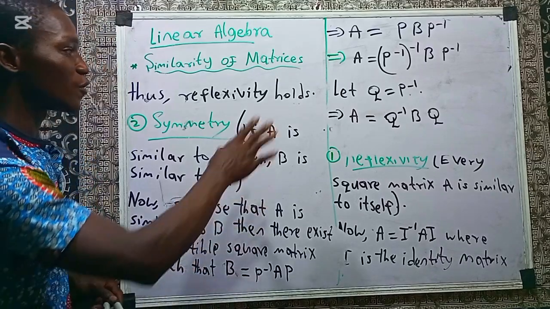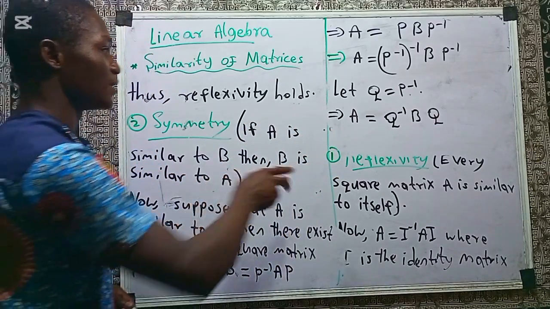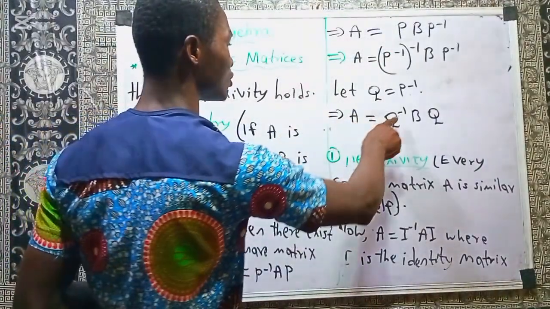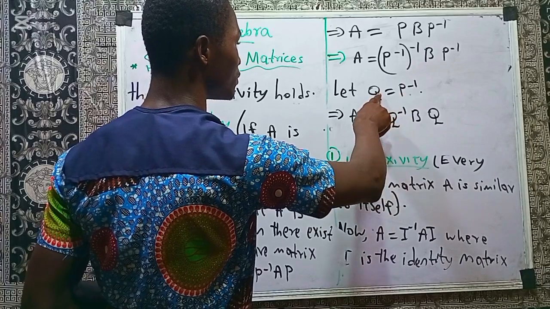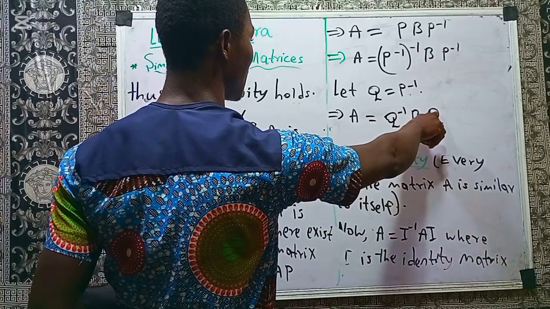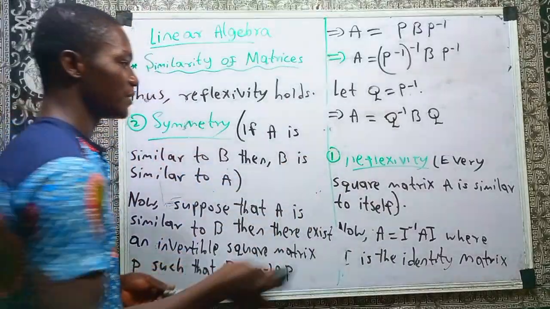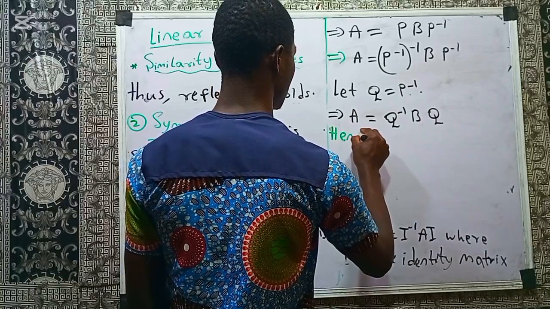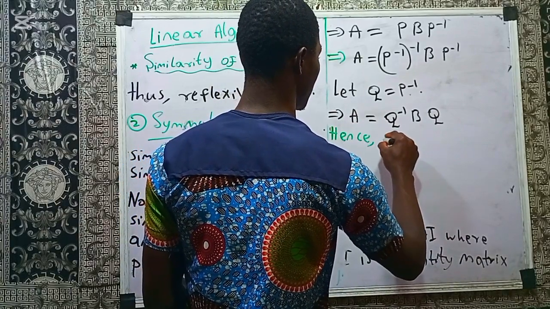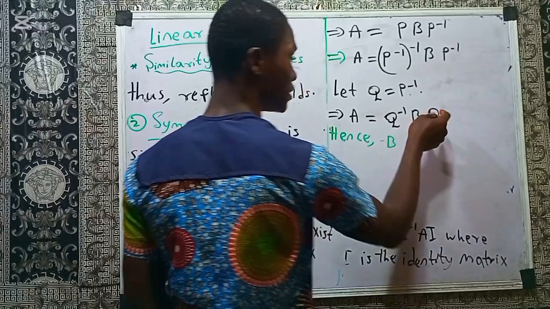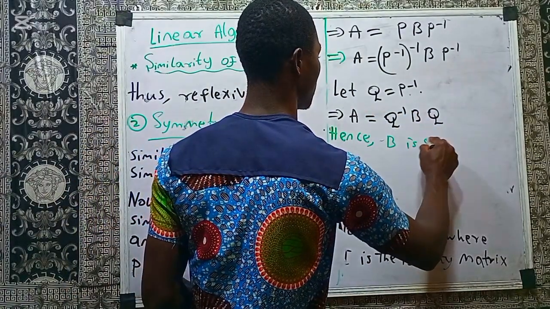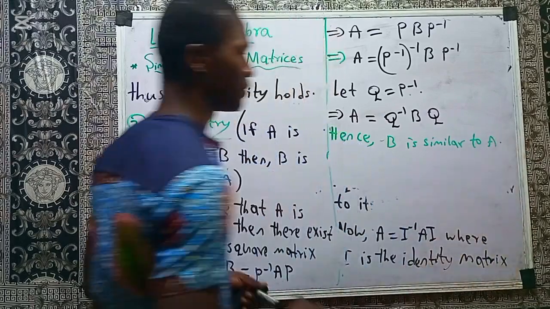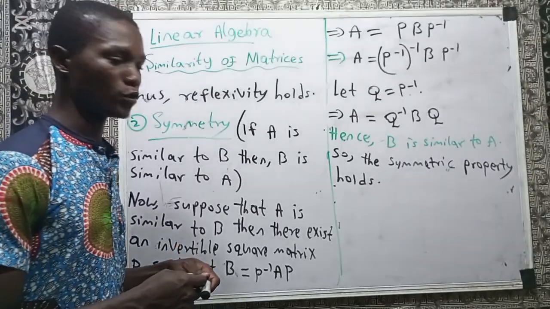Now we solved and we got that B is similar to A, because there exists an invertible square matrix Q such that Q inverse B multiplied by Q will give you your matrix A. Hence B is similar to A. So the symmetric property holds.